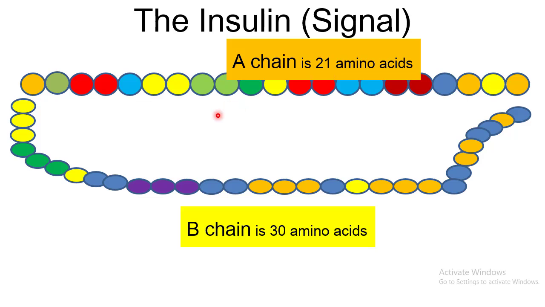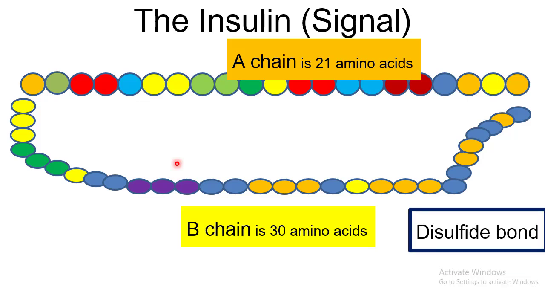Now if you've got two chains, there should be something responsible for the structural stability, that can maintain the A and the B chain together with each other. This strength is provided by the disulfide bonds, which are of two types.